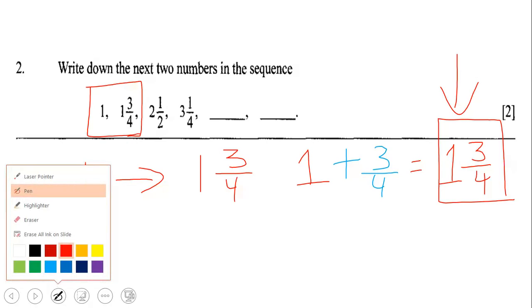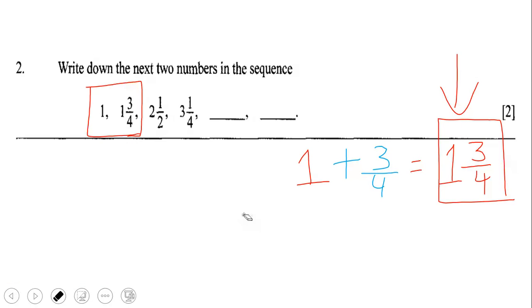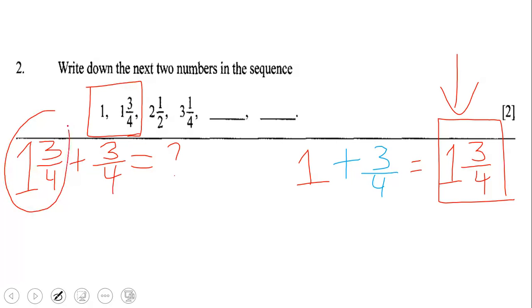Notice the following. We have 1 and 3 over 4 plus 3 over 4. What is the result of that? Let us add them. First, let us convert 1 and 3 over 4 to an improper fraction.